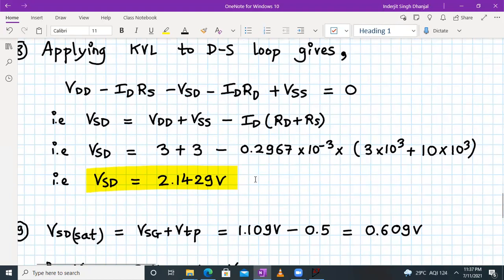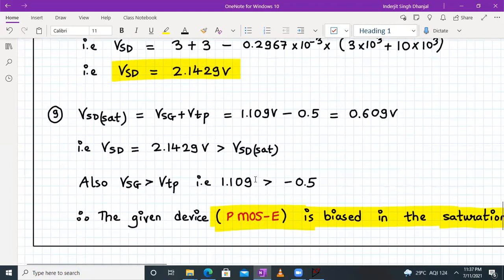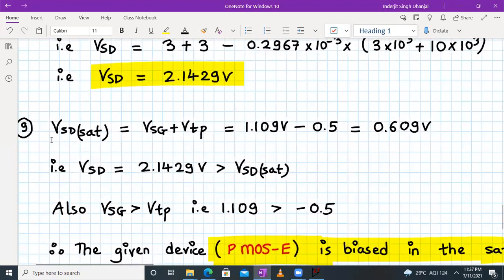2.1429 volts. Now, to check whether the given MOSFET is working in the saturation region, we will check these two conditions. VSD sat will be VSG plus VTP, which is 1.109 minus 0.5, which comes out to be 0.609 volts. So VSD is indeed greater than VSD sat, 2.1429 is greater than 0.6 volts.